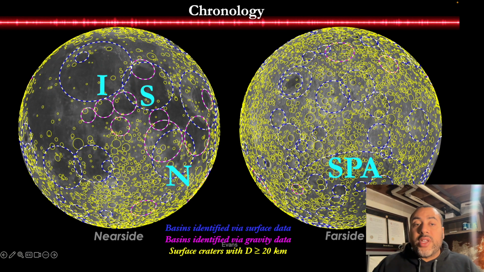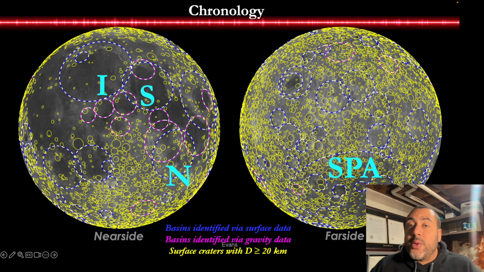I should also note that the surface craters are shown in yellow, and basins, which are the biggest of craters, are shown in blue and white for those identified with surface data, and magenta and white for those identified using gravity data. So once we have all of these craters, we can then start doing chronology and finding out the ages of different portions of the surface of the moon. And once we do that, we can actually take that to other planetary bodies.